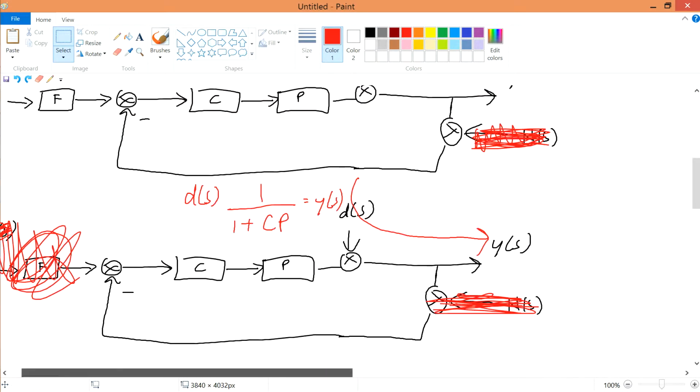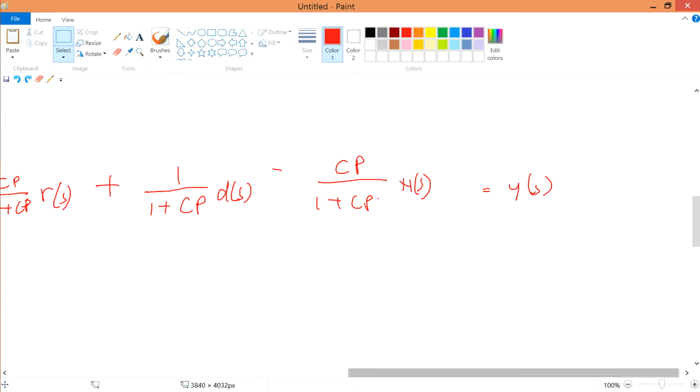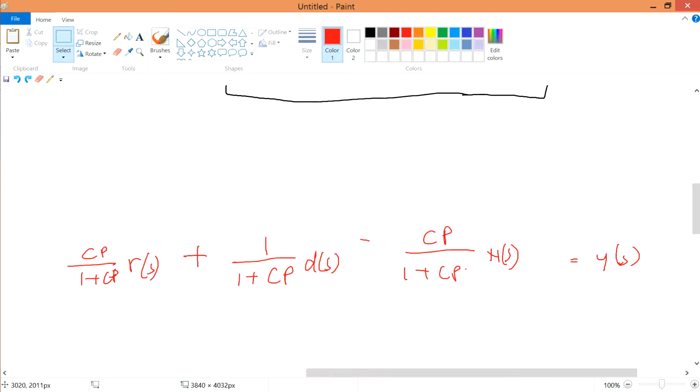So I've derived the sensitivity function over here for you. Therefore I can say that this is S, and this CP over 1 plus CP is simply T, and we call this the complementary sensitivity function.